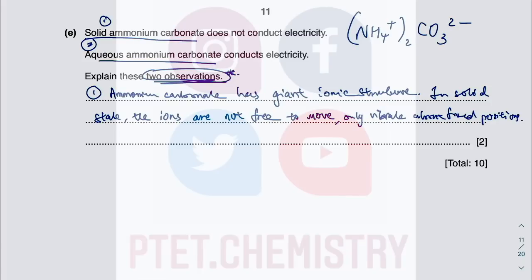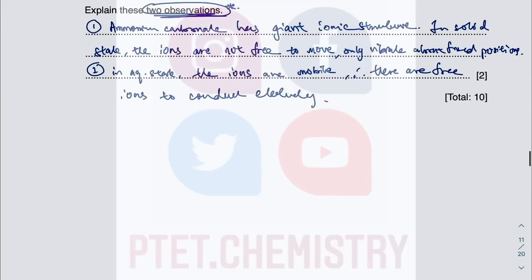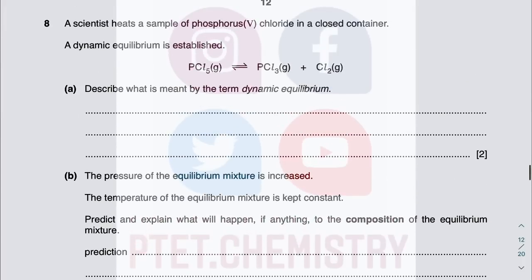Whereas in aqueous state, the ions are mobile, therefore they are free ions to conduct electricity. So this is the idea of ionic compound, but they just give you a strange ionic compound which contains the ammonium salt, in this case, ammonium carbonate.